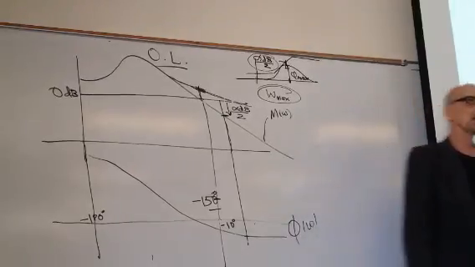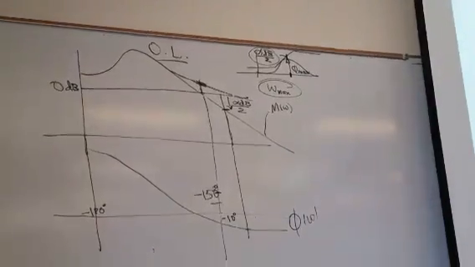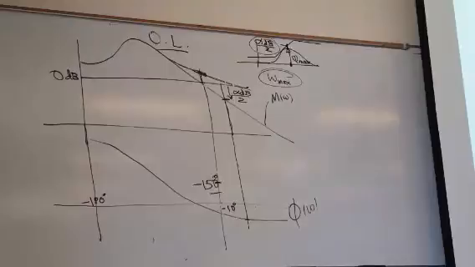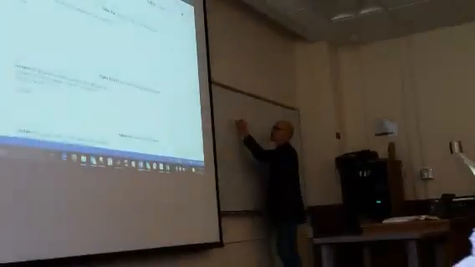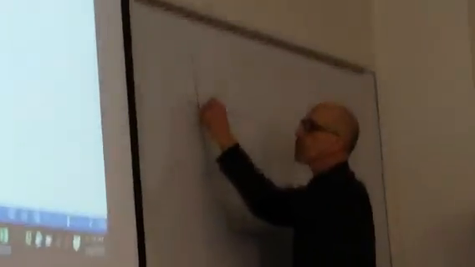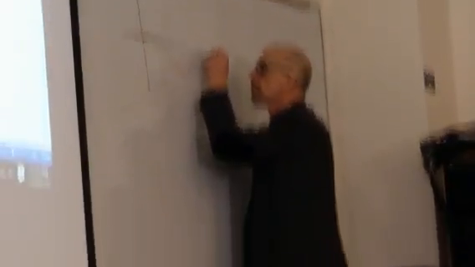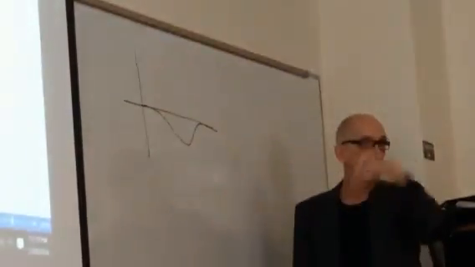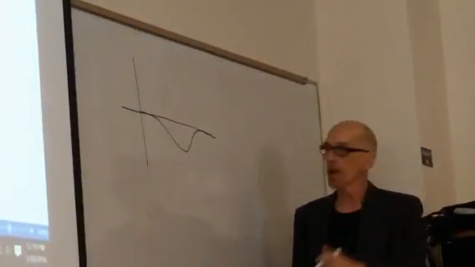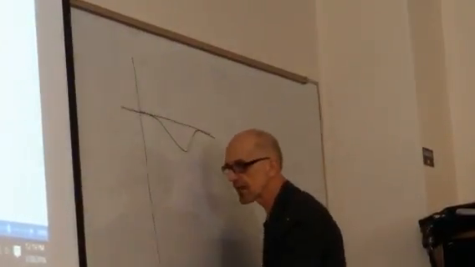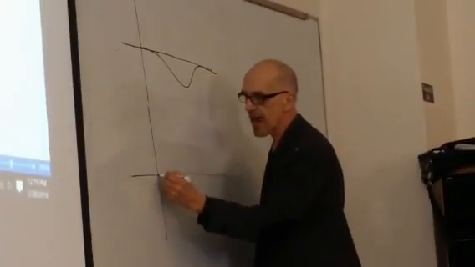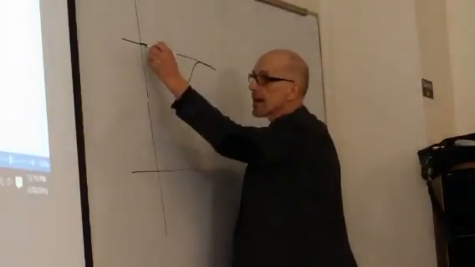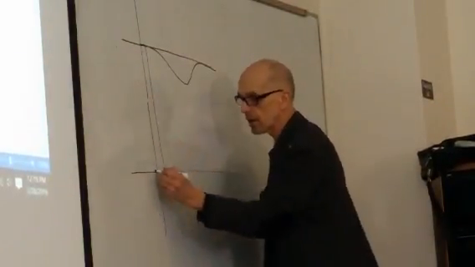That's the lag. So remember, this is the lag compensator. The lead compensator goes up, the lag compensator goes down. So the lag compensator has a phase that looks like this, right? It's subtracting phase. But it also has a magnitude that looks like this. It's unity static gain. So what it does is it goes like this.